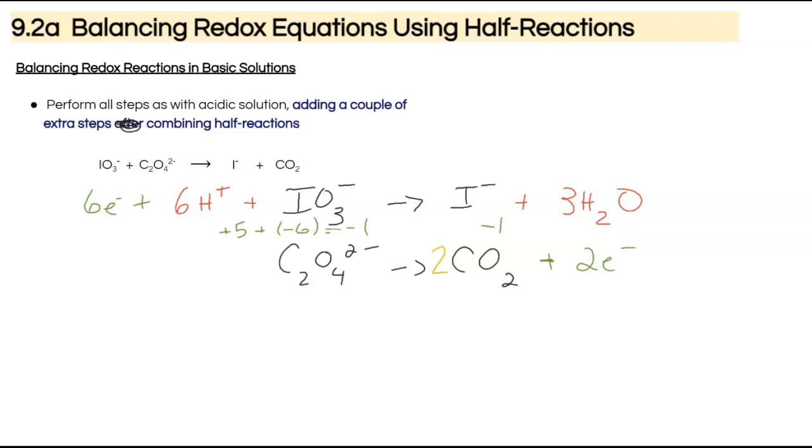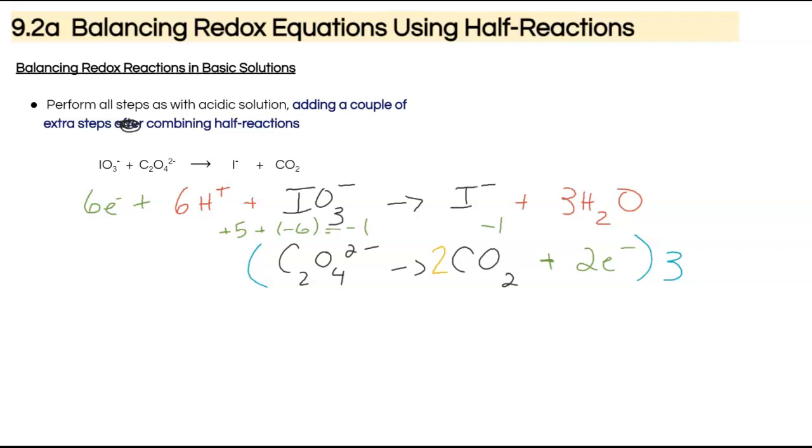Okay, and so this means that I need to balance out my electrons because I have 6 electrons here and 2 electrons over here. So I'm going to multiply the second reaction by 3, and then I'm going to rewrite both equations.